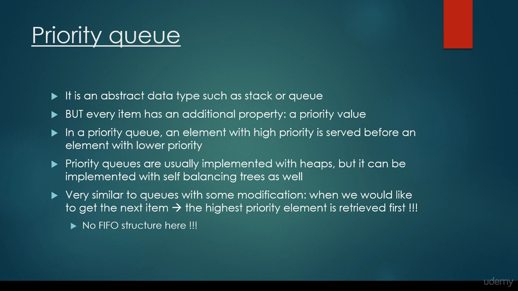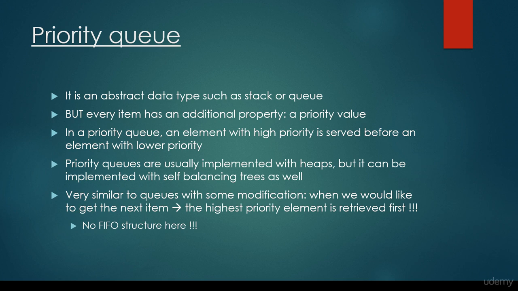Usually we call a heap a data structure as well as an abstract data type. It is quite misleading, but we usually refer to heaps as data structures. That's why we could say that priority queues are usually implemented with heaps. We are going to implement priority queues with the help of heaps as well. But as I said earlier, it can be implemented with self-balancing trees as well.